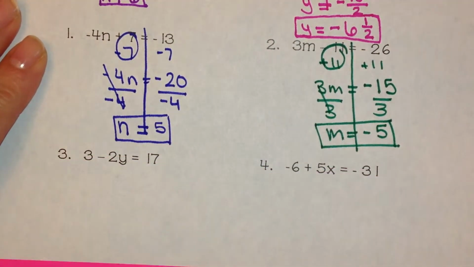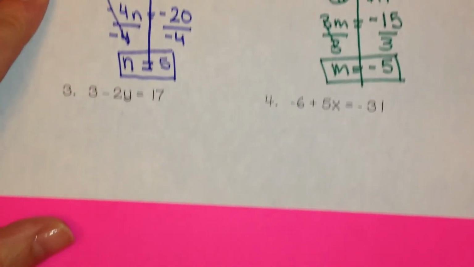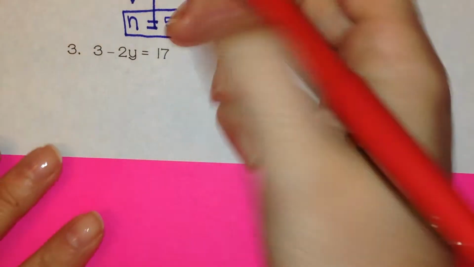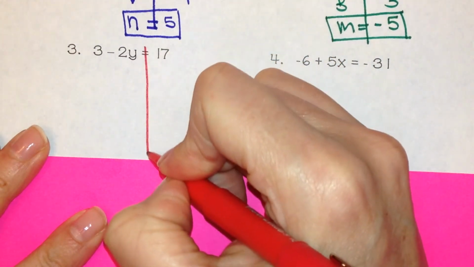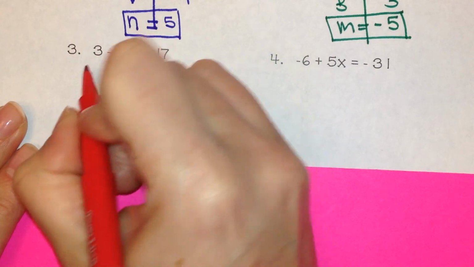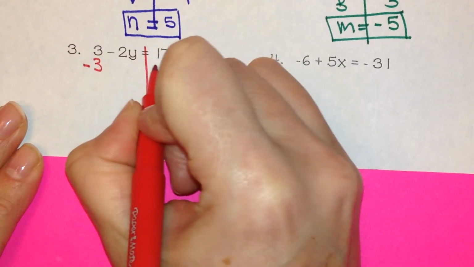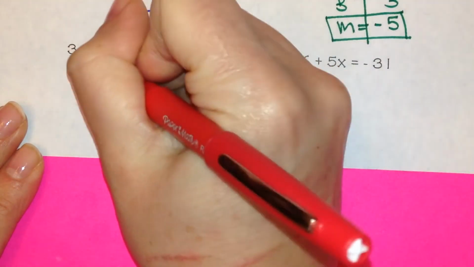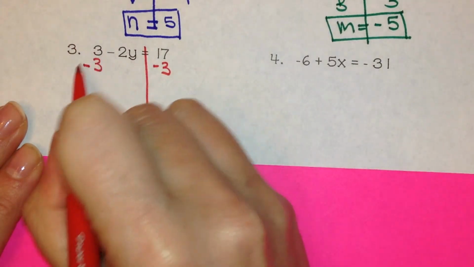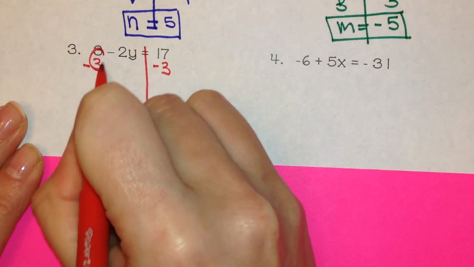All right, let's try number 3. So again, this is the type where people get confused because that minus is behind the 3, but remember 3 is positive, so to make it go away, you have to subtract 3. Because if I added 3, 3 plus 3 gives me 6, not 0. So 3 minus 3 is 0.